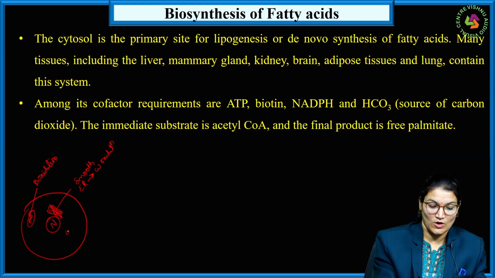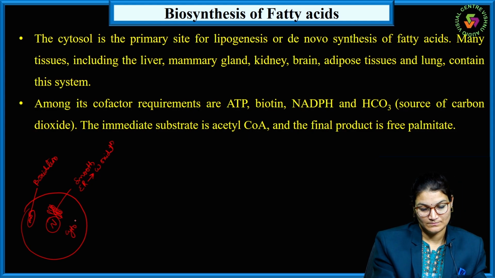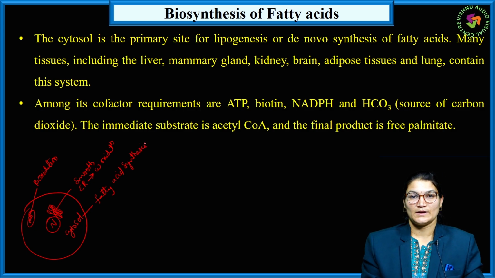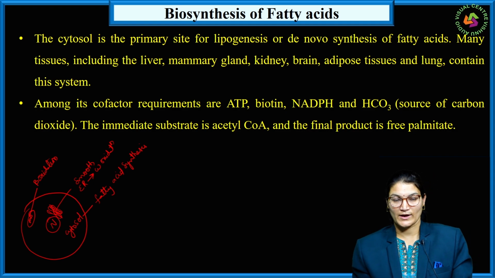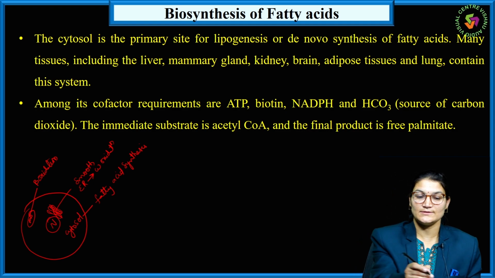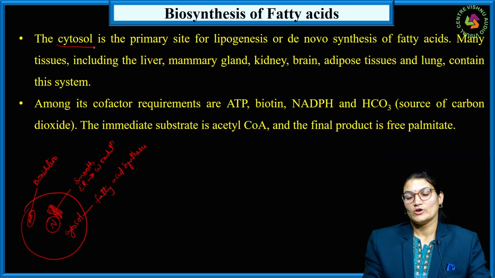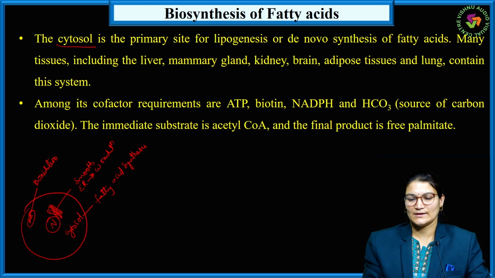In the cytosol or cytoplasm, you can see fatty acid synthesis. So remember these regions: beta oxidation happens in mitochondria, omega oxidation in smooth endoplasmic reticulum, and fatty acid synthesis in cytosol. You can see the cytosol in many cells like liver, mammary gland, kidney, brain, etc.